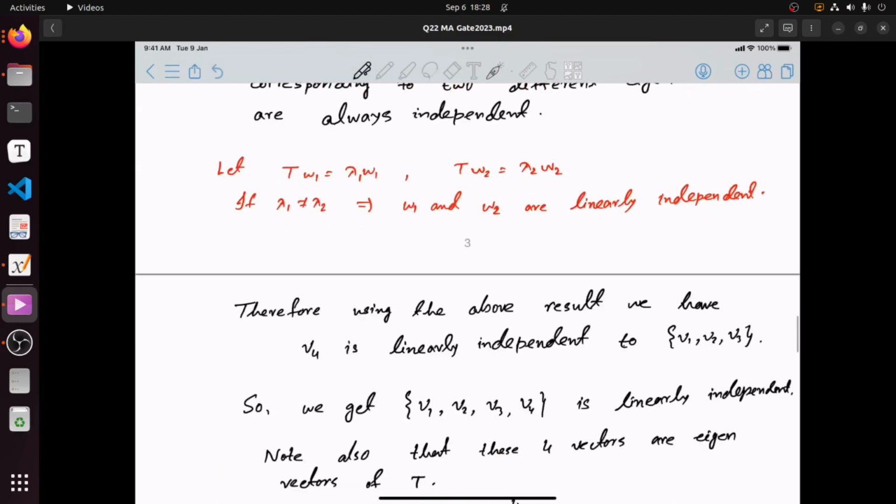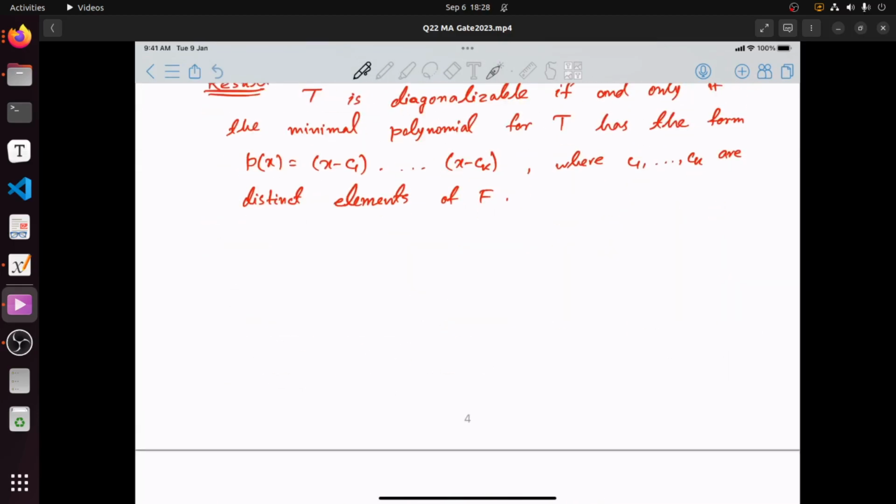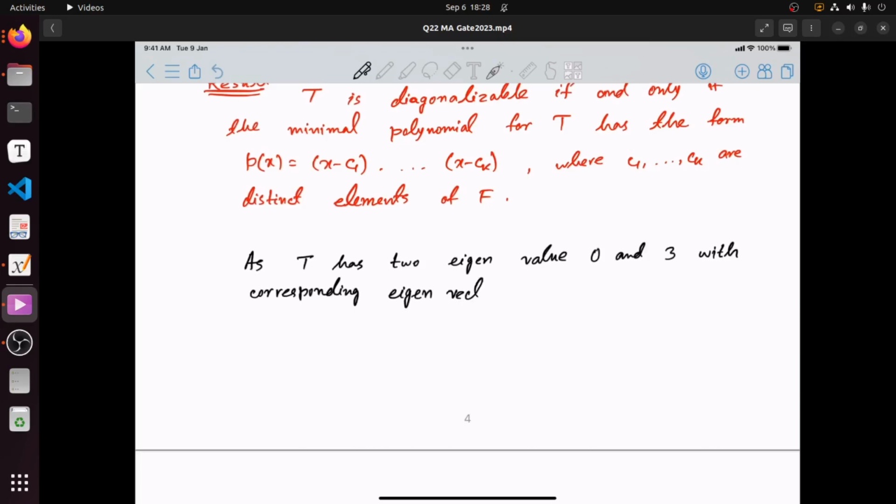So we will use this theorem. As T has two eigenvalues, 0 and 3, with corresponding eigenvectors v1, v2, v3 and v4 respectively, right?